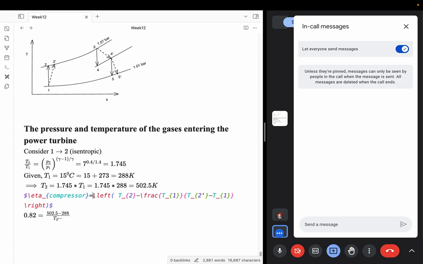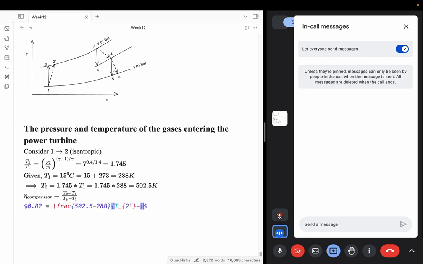There is a mistake here. It will be T2 minus T1 divided by T2 prime minus T1. T1 is 288. If you solve this equation, you will get T2 prime directly. T2 prime comes as 549.6 Kelvin.